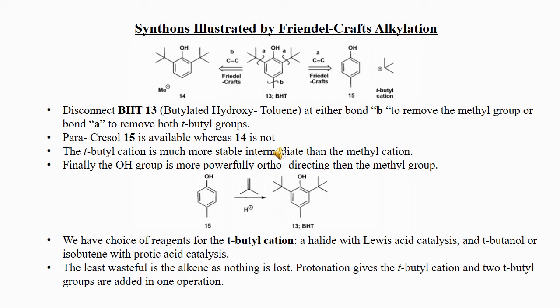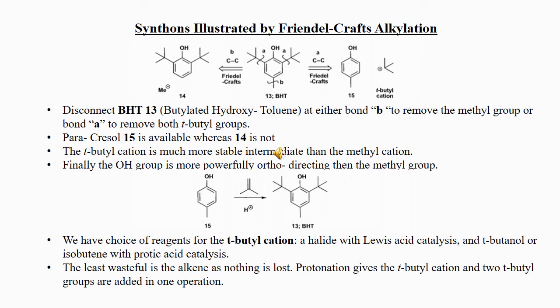Now we can see the result of these disconnections. By the C to C bond disconnection, we got synthon 14 and a methyl cation.